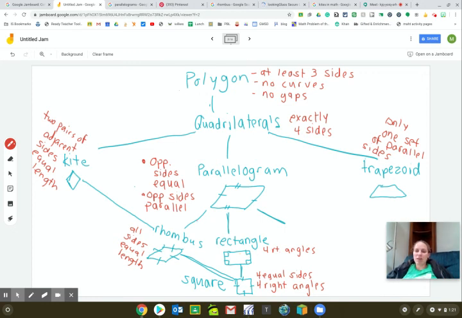This can be a little bit confusing when we're talking about properties of shapes. Hopefully this diagram, since we went through and created it together, makes a little more sense to you. Today we're going to be practicing a little bit with naming some quadrilaterals, as well as practicing how to identify different ones.